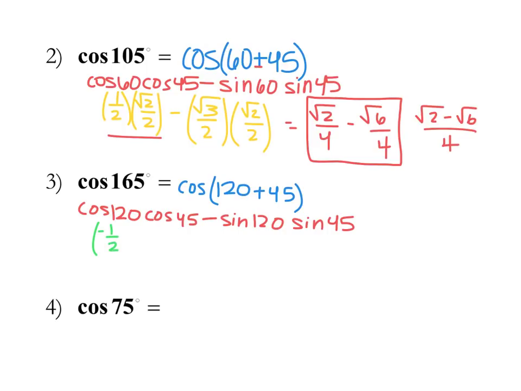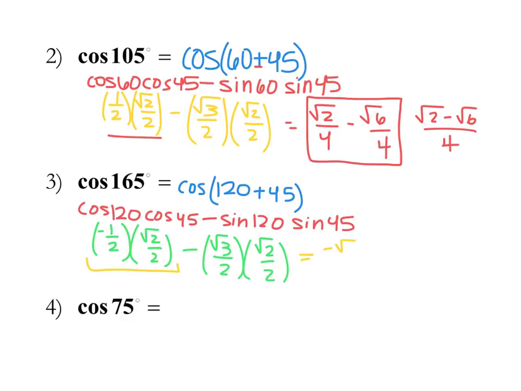So we have negative 1/2, cosine of 45 is root 2 over 2, minus sine of 120 is still positive, so that's root 3 over 2. Sine of 45 is root 2 over 2. Okay, multiply. We have negative root 2 over 4 minus root 6 over 4.